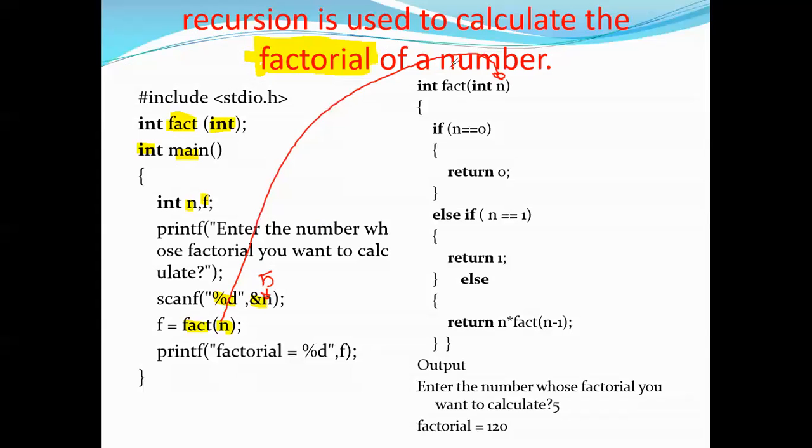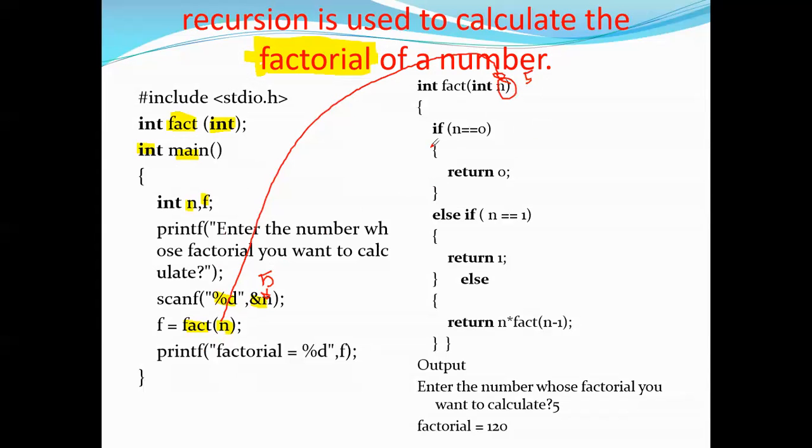The names can be the same or different. In place of n, we can use x, y, z, anything. Here we have used the same argument name. The value 5 has been passed to this integer variable.